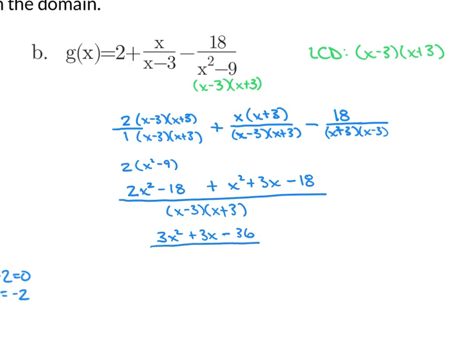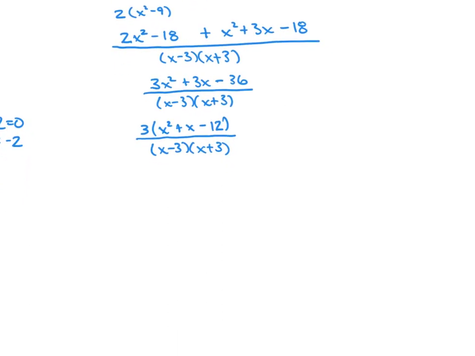over x minus 3, x plus 3. Okay, I can factor now. In the top, we can factor out a 3. We get 3 times x squared plus x minus 12 over x minus 3, x plus 3.